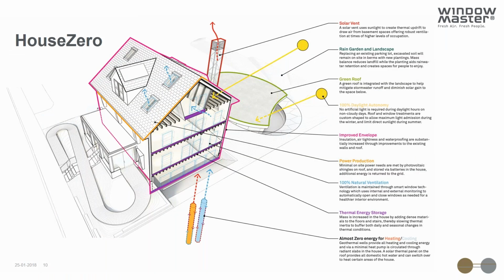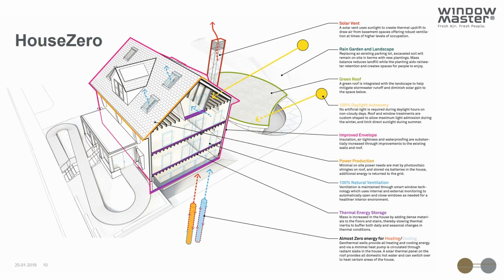Yeah, some of the systems which are in work in House Zero are, of course, the natural ventilation, but there's also a sophisticated daylight autonomy, which allow us to have 100% daylight in periods where daylight is available.